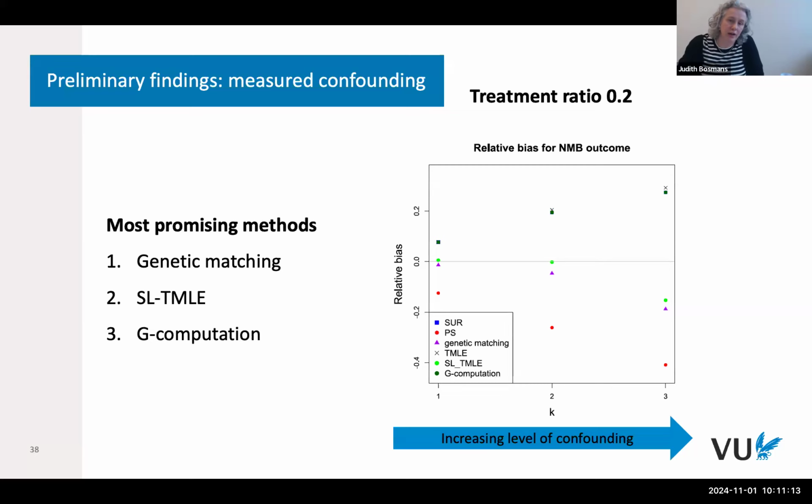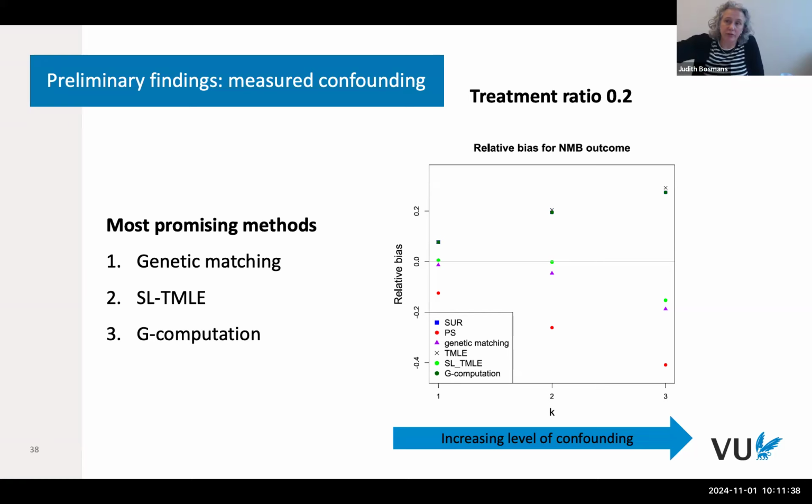So basically, we're now testing the TMLE in an empirical data set, because the bias is relatively limited with the TMLE, and it's also not so intensive that it's almost infeasible to conduct the analysis using TMLE.